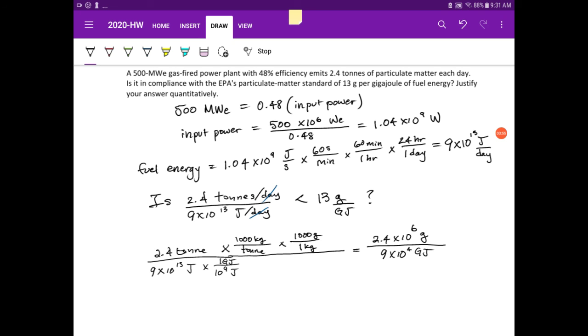And if we divide those things, then we're going to get 27, which is not in compliance with EPA.